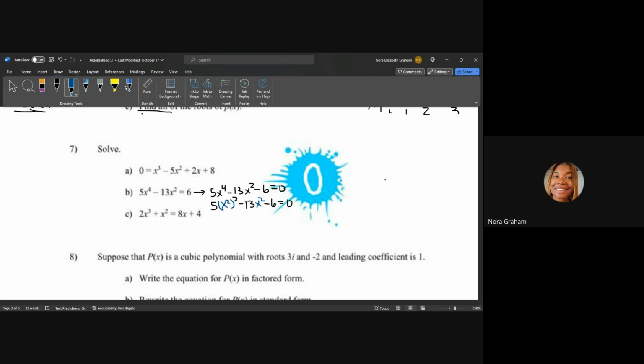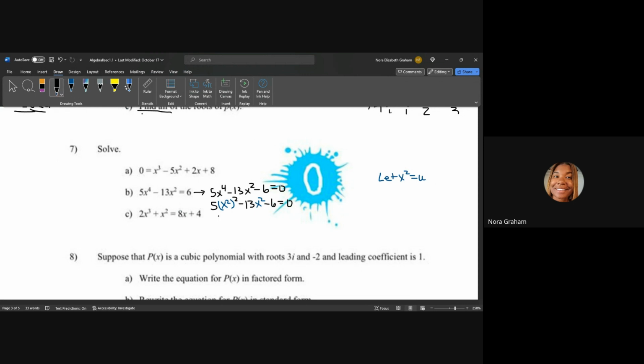I notice those x squares are messing it up for me. So why not write them differently? Let those x squares equal another variable so it doesn't throw us off, and we can deal with that at the end. Let it equal u. All right.